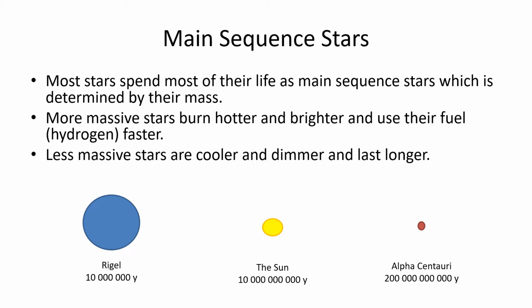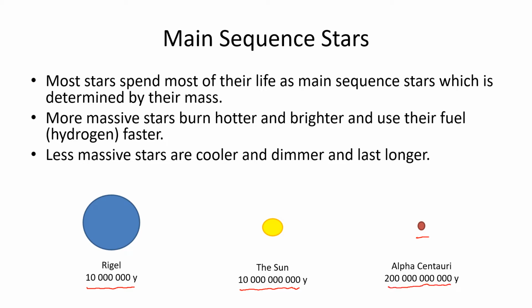So Rigel, one of our friends from the Orion constellation, is a big blue supergiant star, and it has a life of about 10 million years. And our sun, which is more average and cooler and smaller, has a lifespan of about 10 billion years. And Alpha Centauri, which is our nearest neighbor here in our galaxy, has a lifespan of about 200 billion years.